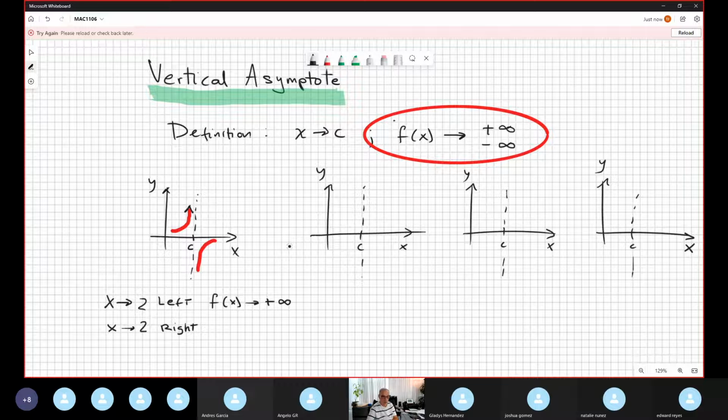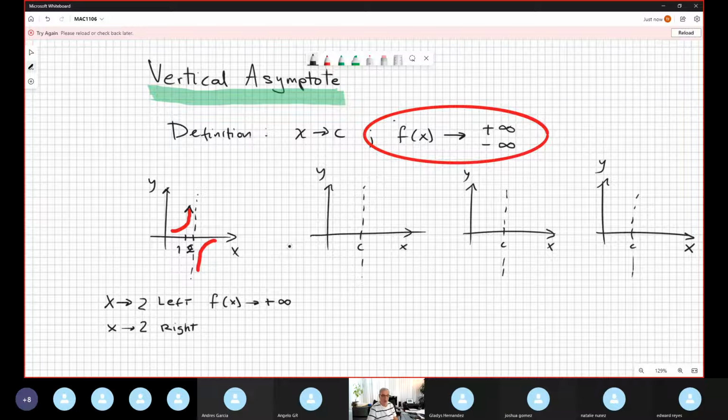To left, to right. What does to the left, to the right mean? To the left is before 2, maybe 1. The basic idea is a little bit close to 2, but not necessarily 2, like 1.9. The function, the y value, approaches infinity. It's going up.